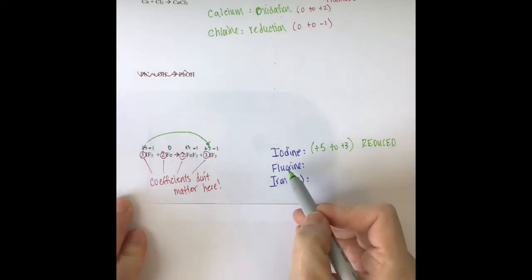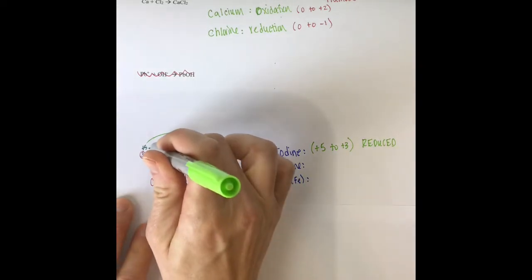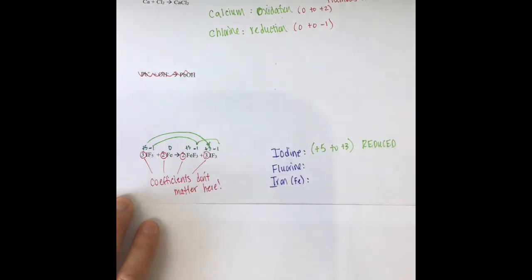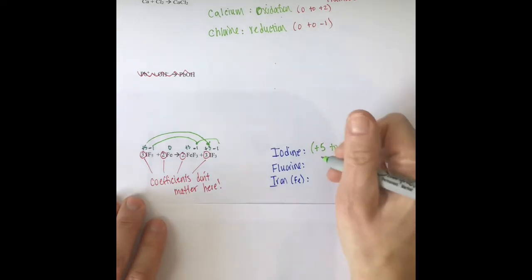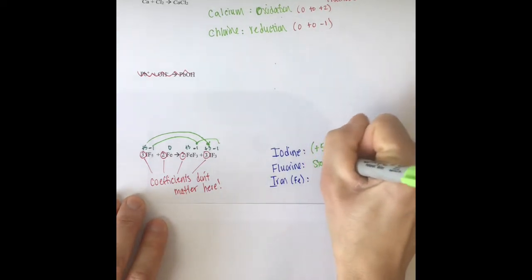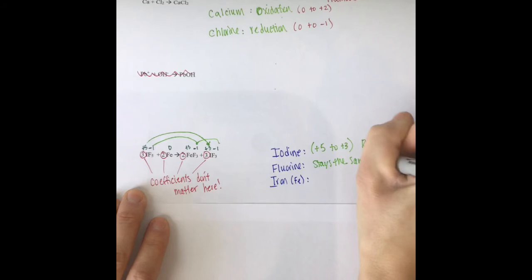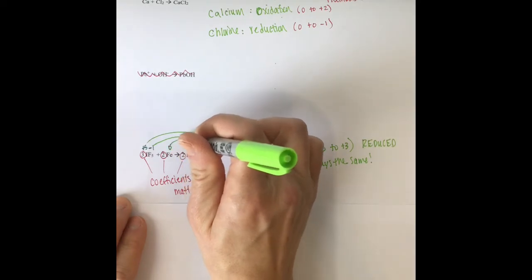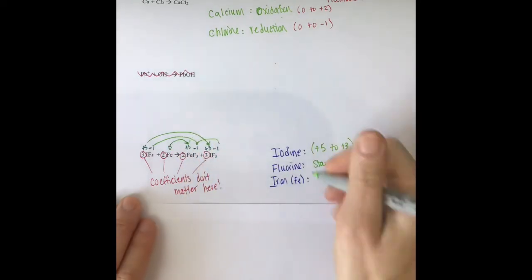Okay, let's find fluorine and follow it. Fluorine starts as a -1, -1 here. It's also -1 there. Fluorine does not change throughout the reaction. And then iron, Fe, starts as a 0 and it ends up as a +3.